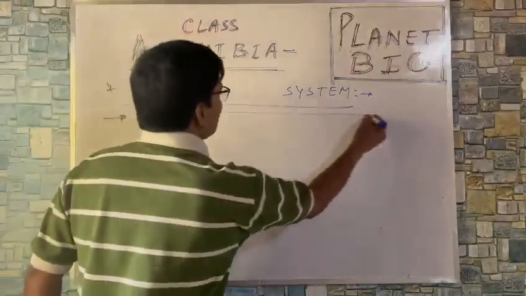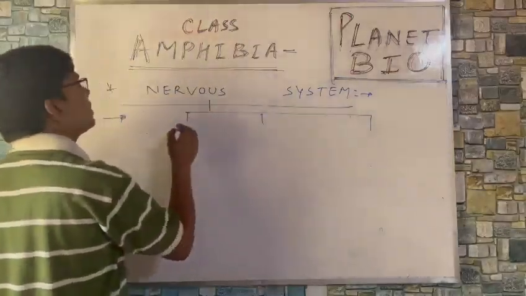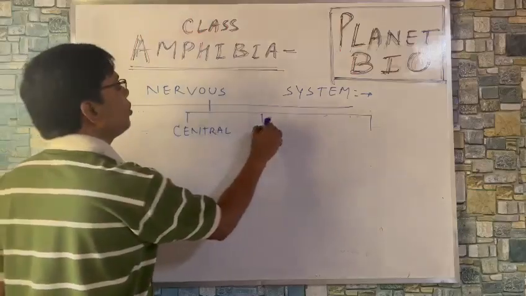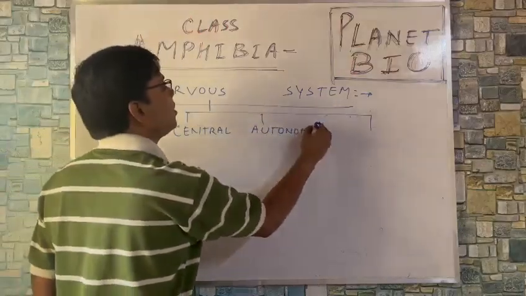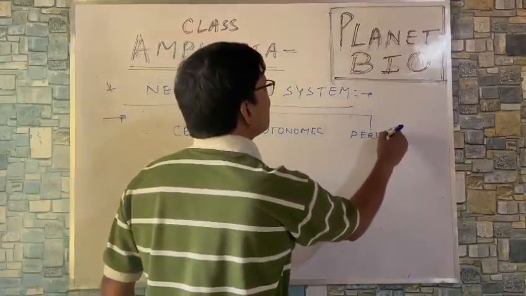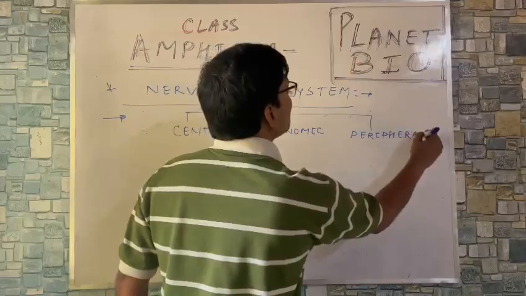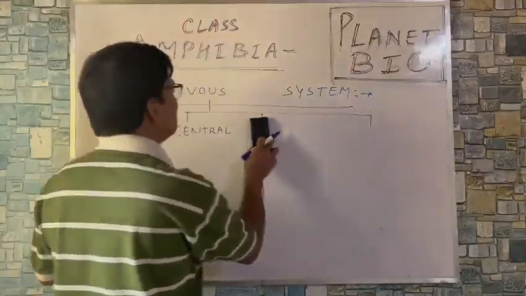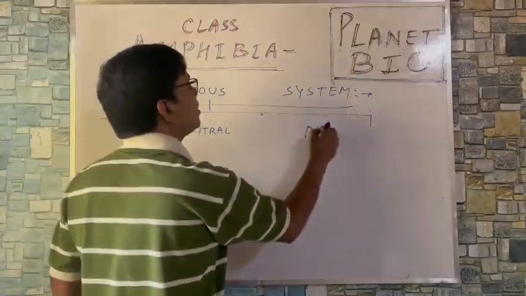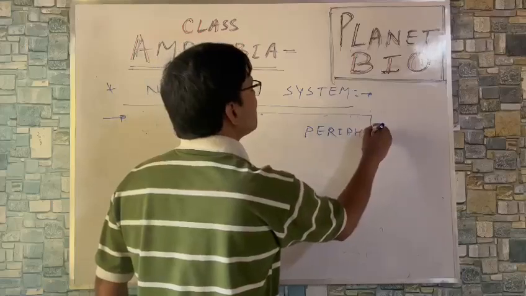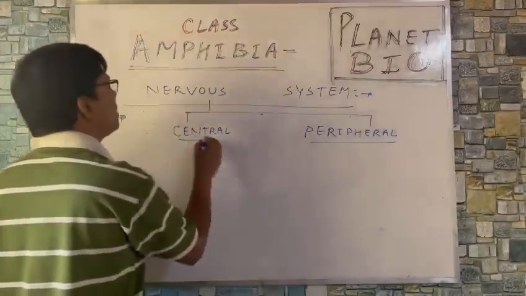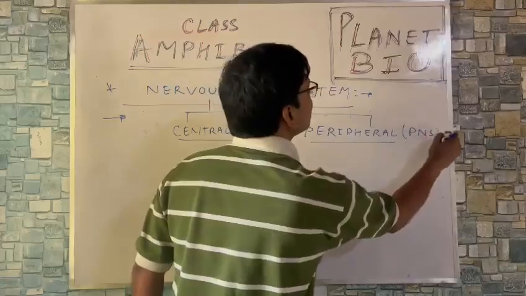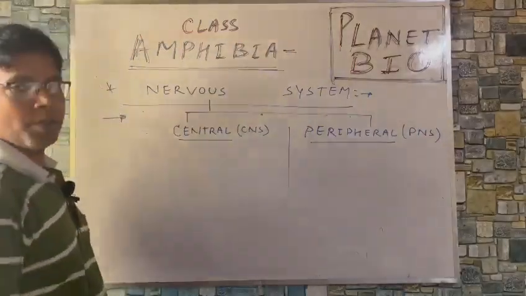The nervous system is divisible into 3 parts: central, autonomic and peripheral. Actually, we can write central and peripheral. Here we can write the short form CNS and here we can write PNS.